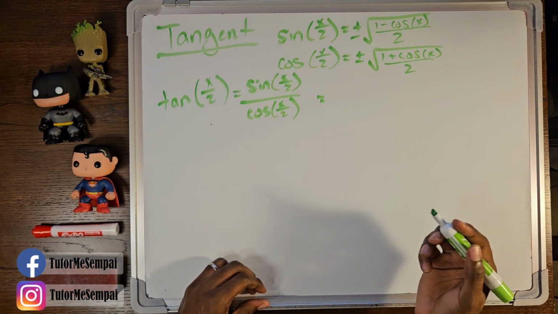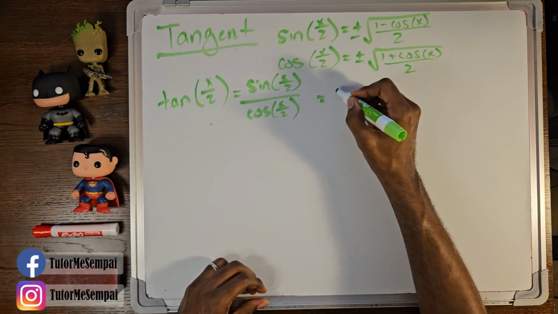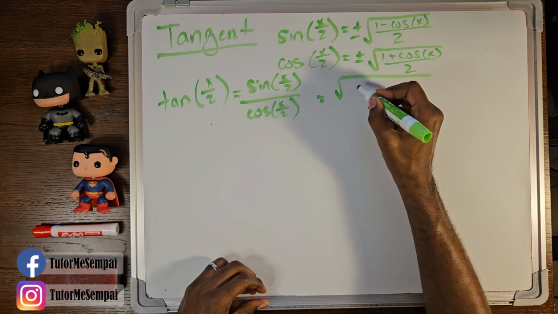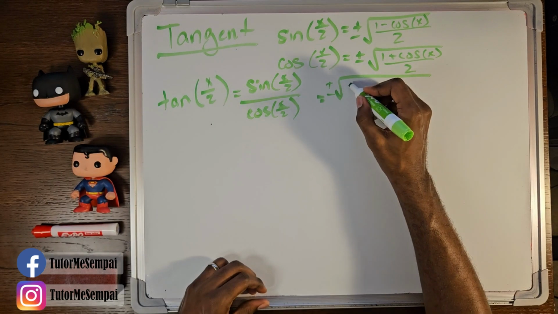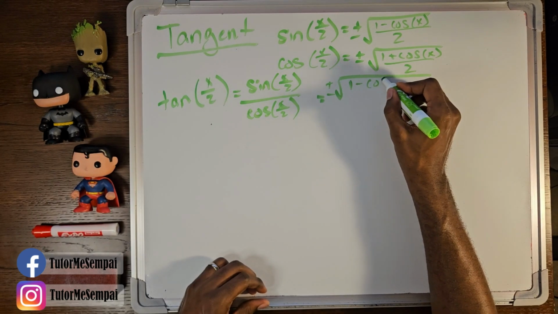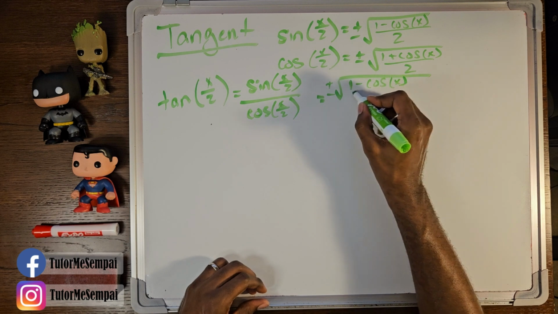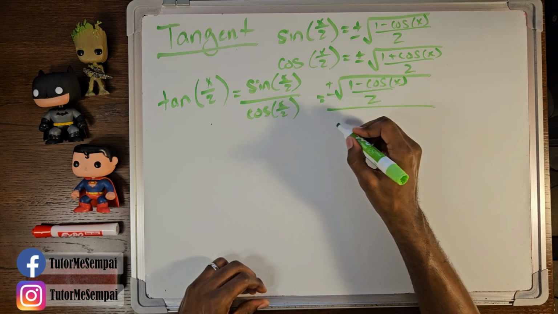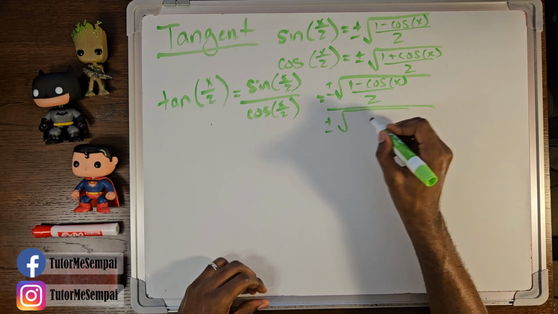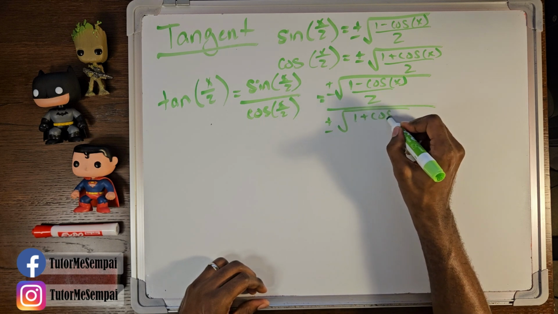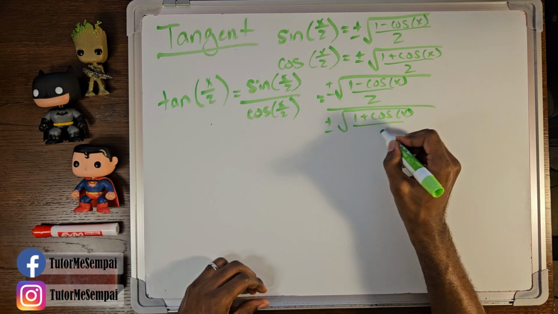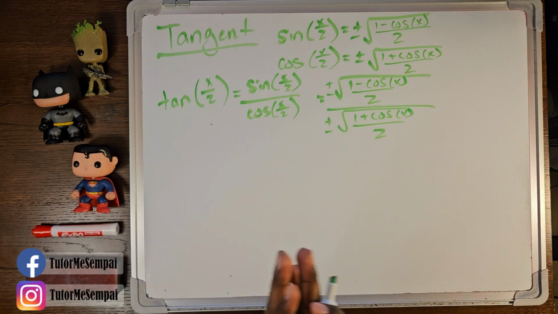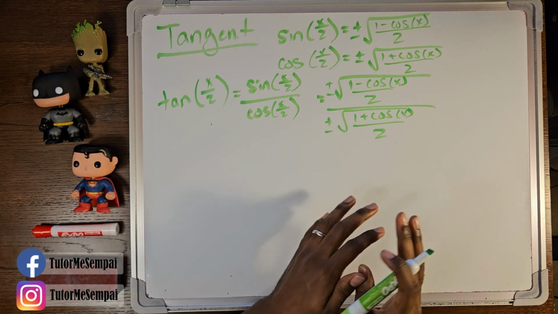So just to give myself a little bit more space, I'm going to make this a little bit bigger than I did before. So we have plus or minus the square root of 1 minus cosine of x all over 2, all over plus or minus the square root of 1 plus cosine of x all over 2. Now this may look very ugly to you, and that's fine.